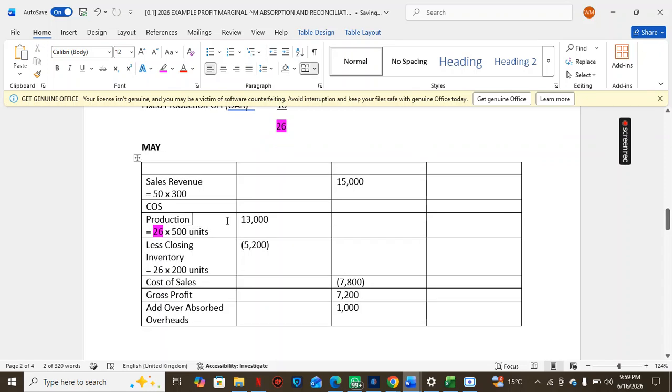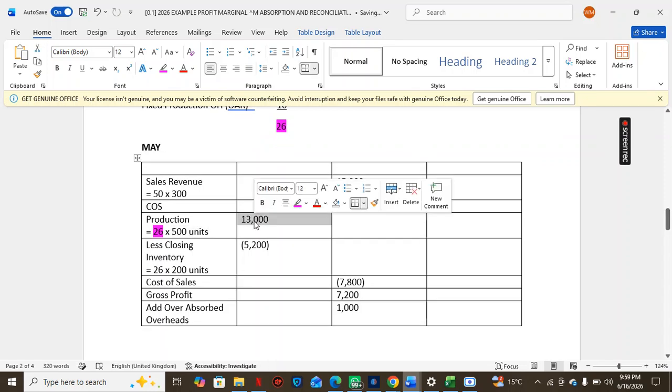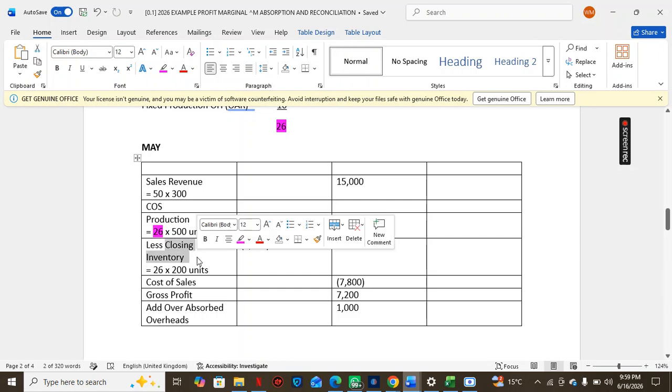So 26 times 500, 13,000 euros. Now we need to subtract our closing inventory.